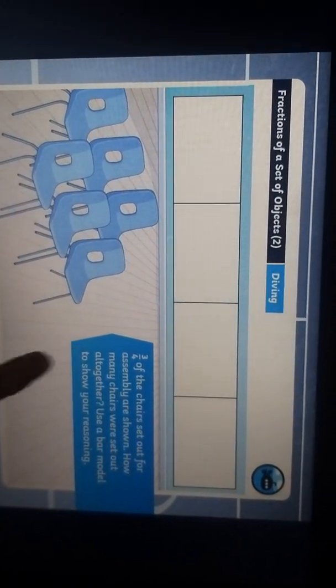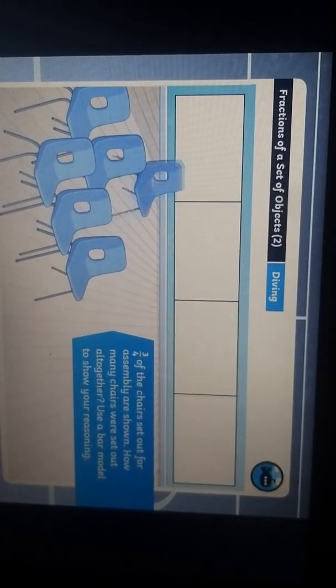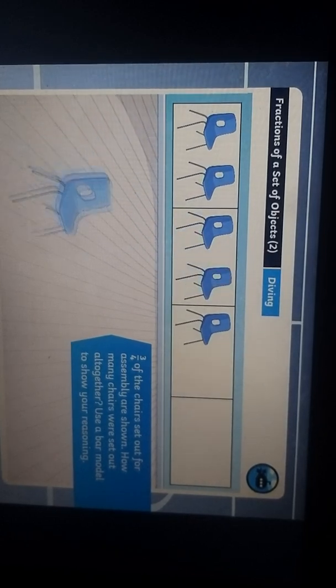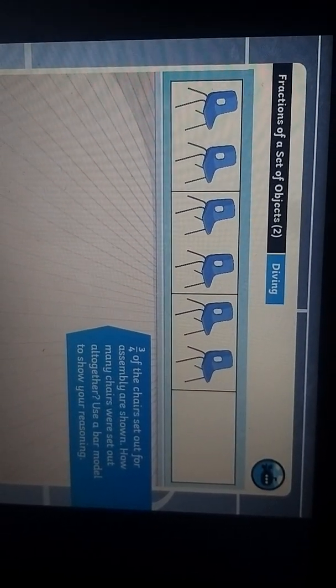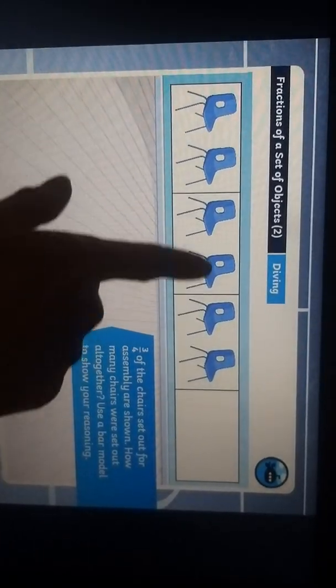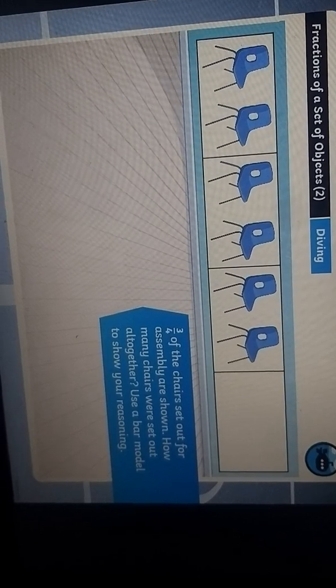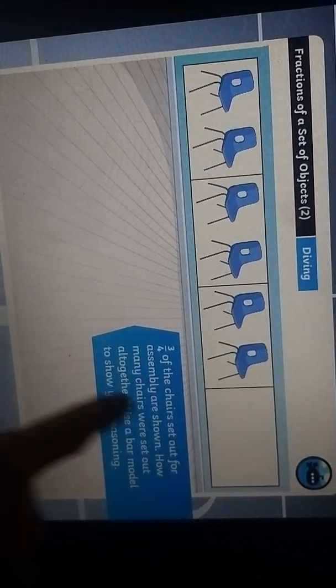So quarters means out of 4, so we've got 4 sections. So 3/4 is there. So if there's 2 in each quarter, and we know we need to fill out 4 of them for the whole, how many chairs would go in there?